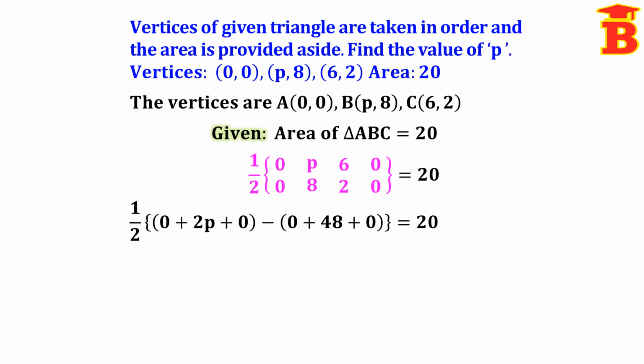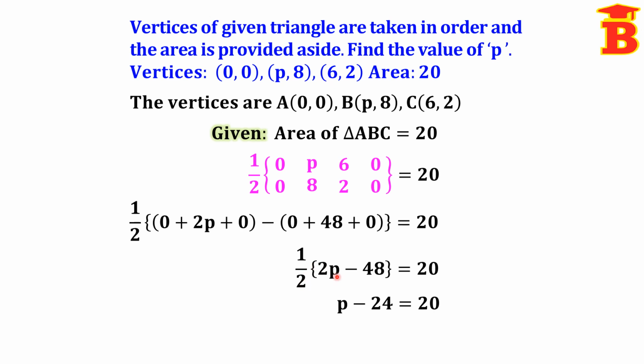Next step, half into this first bracket is 2p minus this second bracket 48. So that is p minus 24 equal to 20. So take 2 outside and we can cancel this 2.